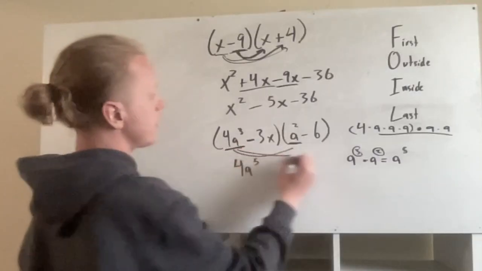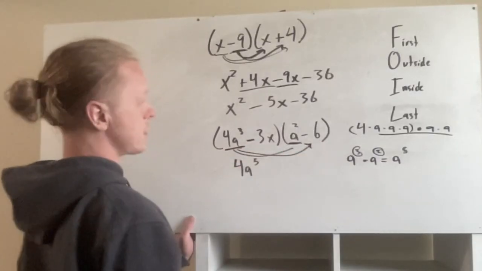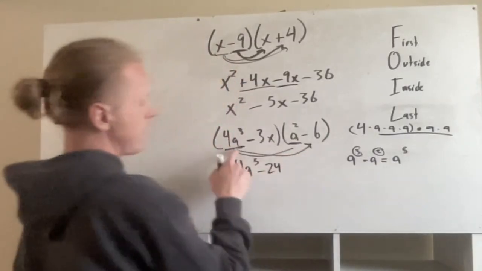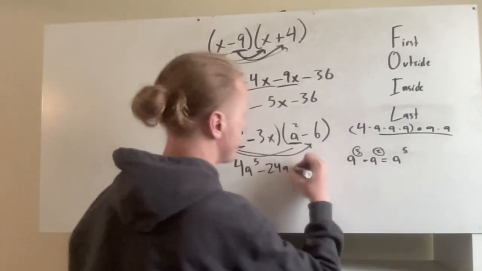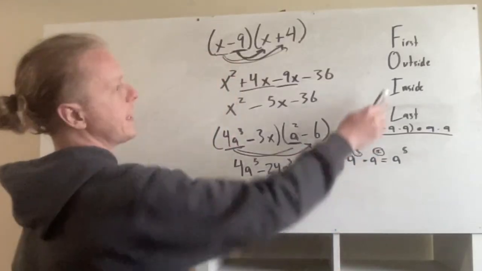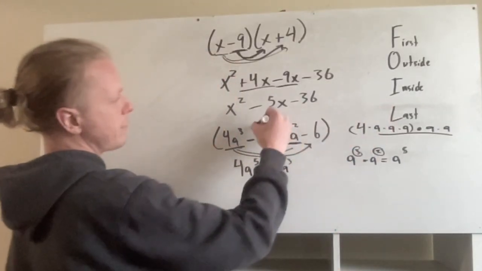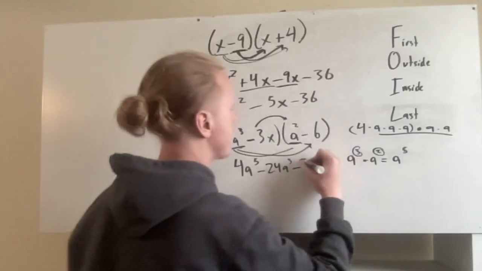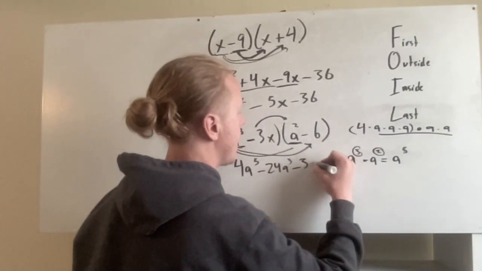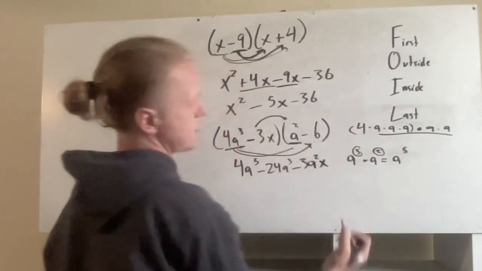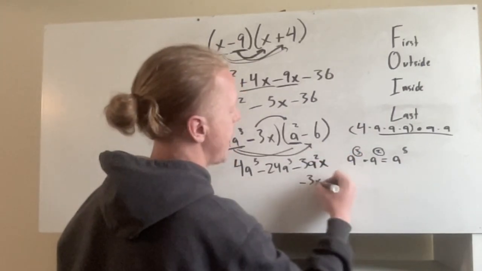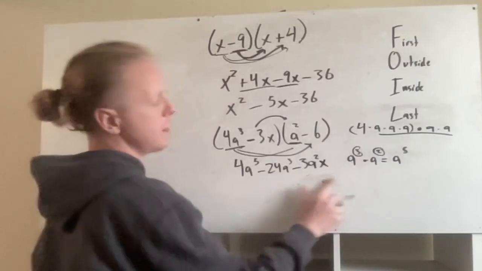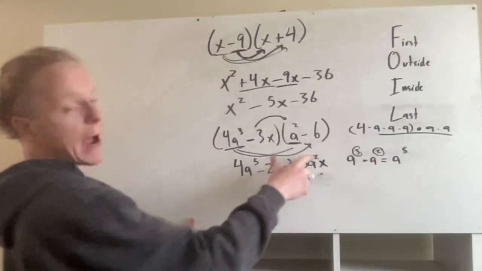4a to the third times negative 6. 4 times negative 6, that's minus 24. And then we still have the a to the third. Inside, negative 3x times a squared is minus 3a squared x. Or we could write minus 3xa squared. Doesn't matter, but usually you'll see whichever variable has the higher power written first.